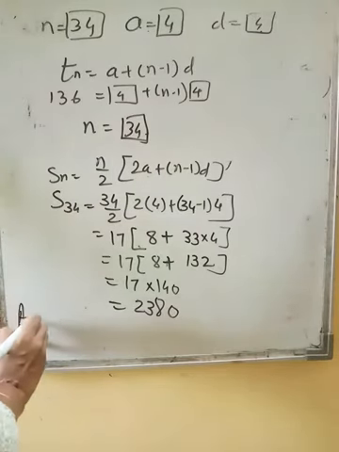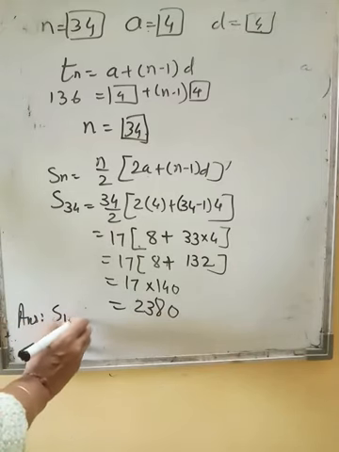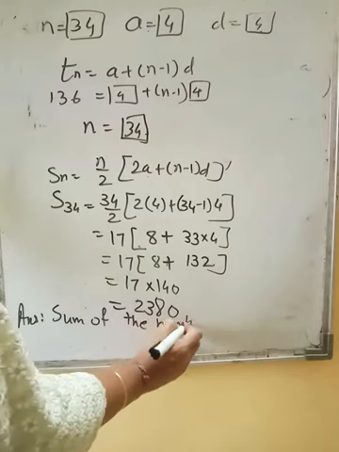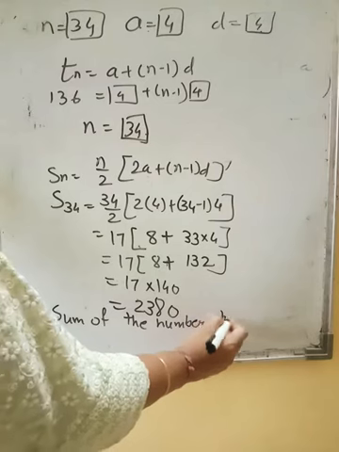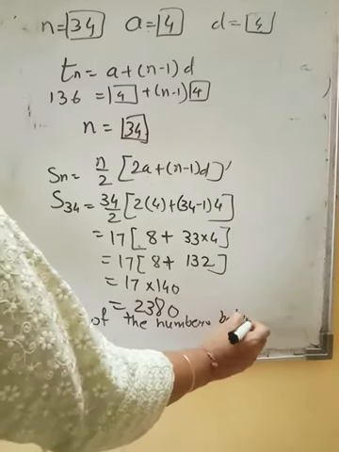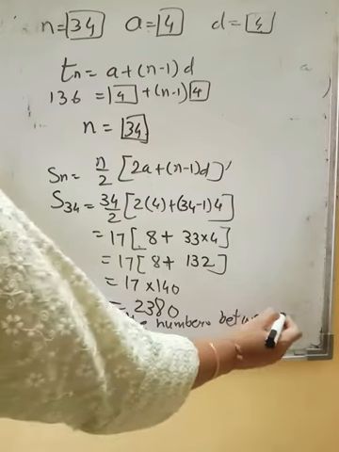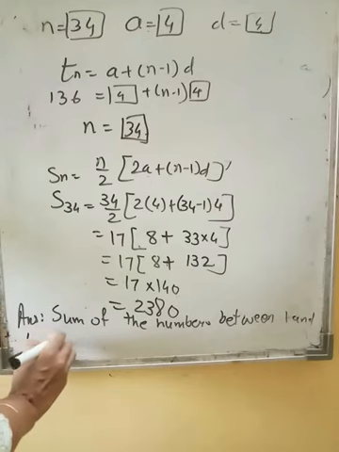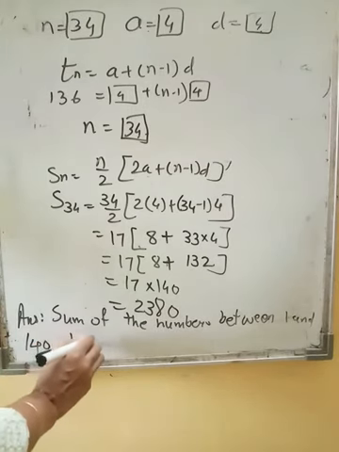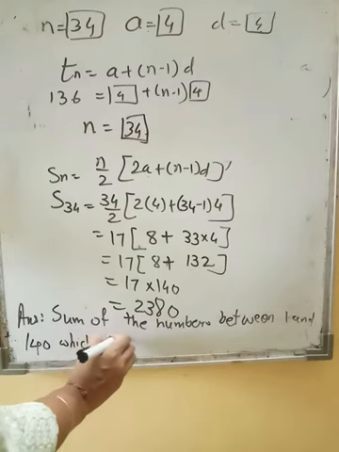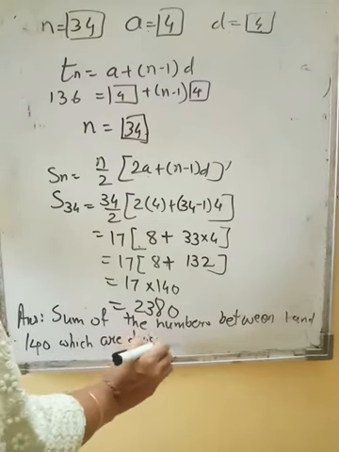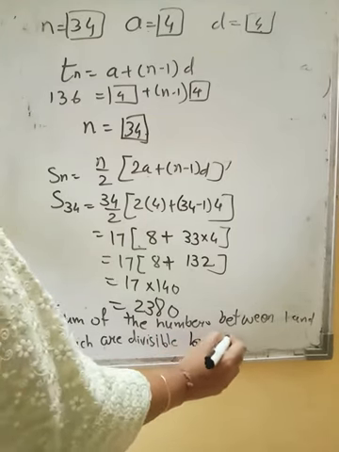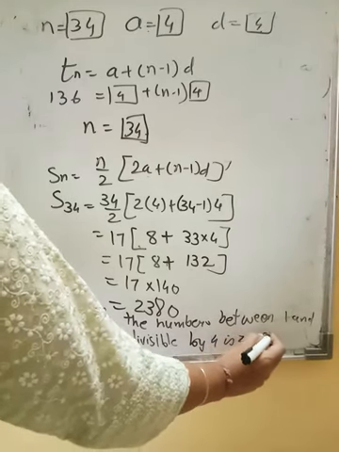So answer, the sum of the numbers between 1 and 140 which are divisible by 4 is 2380.